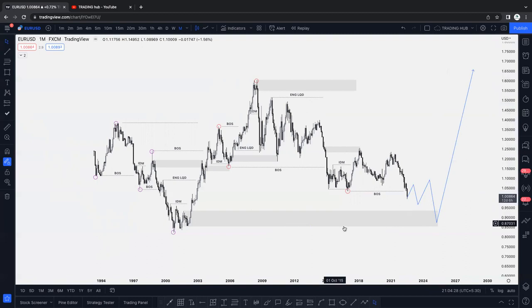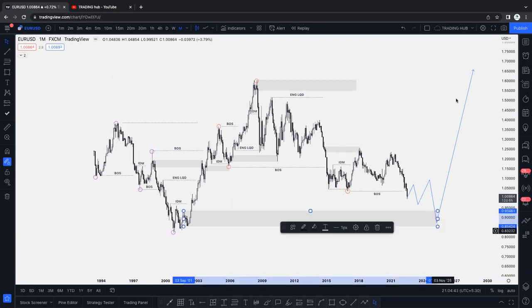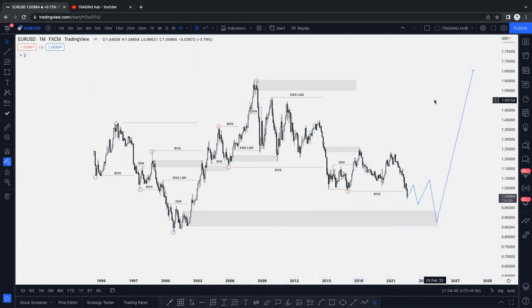So basically, this is a zone where we are anticipating price to go higher from a higher time frame perspective, and it takes a lot of time to tap this demand zone and then push higher, correct? So this is a general idea in a monthly perspective, and the overall picture is bearish in a monthly perspective.